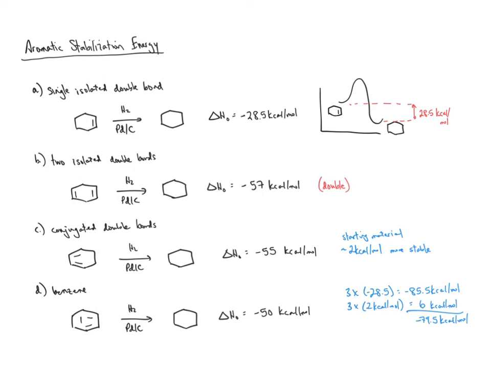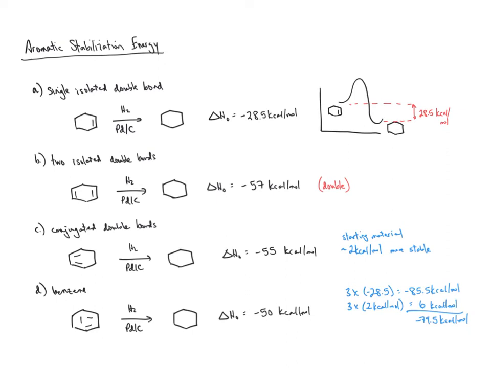However, there's a huge difference between this predicted value and the observed value. We say the observed value was minus 50 kcals per mole. It tells us that mere conjugation is not enough to explain the stabilization. There's something else, something greater, and we call that the aromatic stabilization energy.